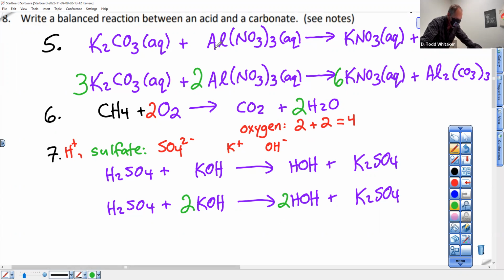And balance a reaction between an acid and a carbonate. Okay, I've got to give you an example for that.